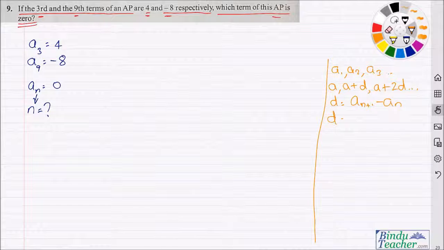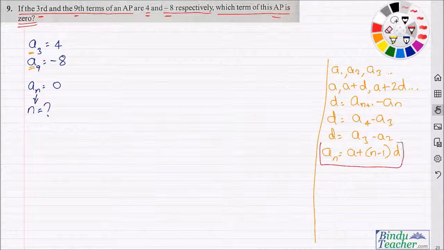For example, d equals a4 minus a3, and this should also be equal to a3 minus a2. To calculate the nth term of an arithmetic progression, we can use the formula a of n equals a plus n minus 1 into d. Now, if you see here in the question, we have the values of a3 and a9. So which means we could use this last formula in our equation.